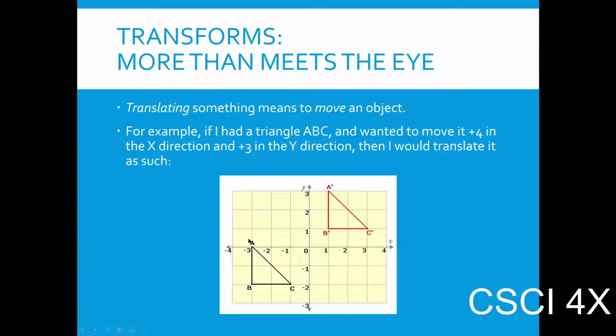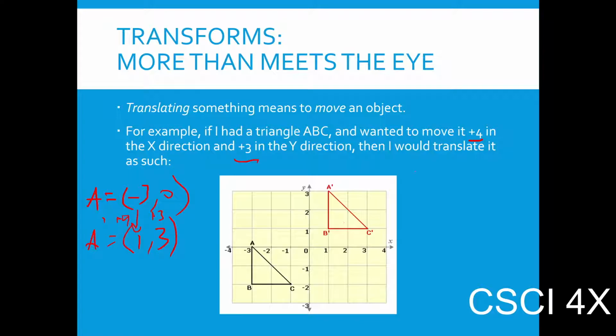What happens is that the coordinates of A and B and C all get translated, all get added the same amount. So A before was at -3, 0. And A afterwards is at 1, 3. Do you guys see that? If you want to move it 4 in the x direction and 3 in the y direction, the x part gets +4 added to it, and the y part gets +3 added to it.